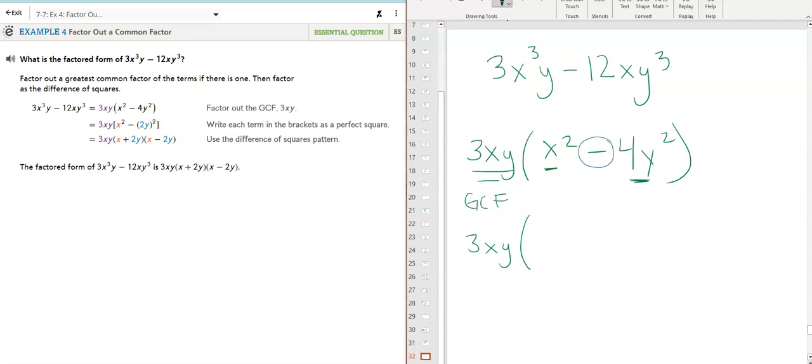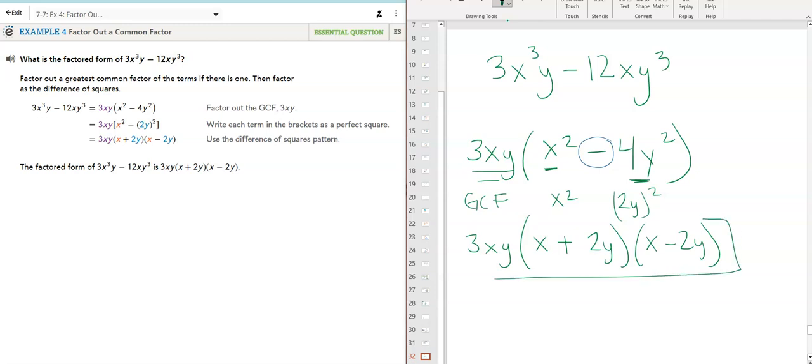The square root of x squared is just x. Okay, one will be positive, one will be negative. And then the square root of 4y squared is 2y. That's the factored form, right? These are my perfect squares over here. So I'm going to have plus 2y, x minus 2y. And then this right here is my factored out GCF from up here.